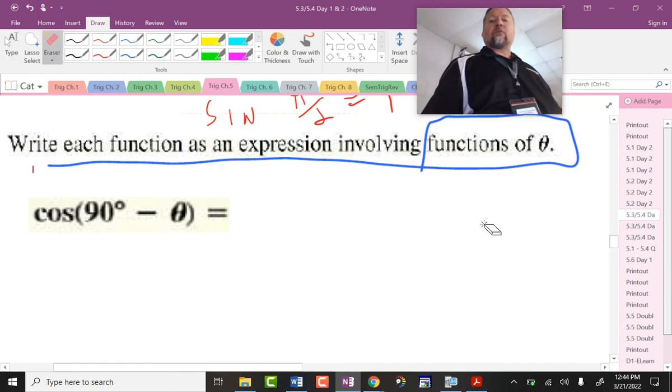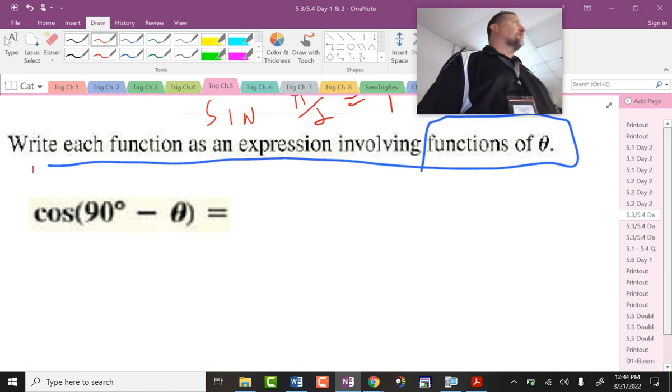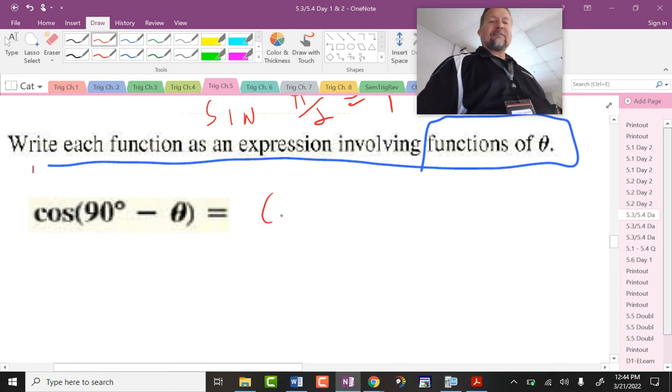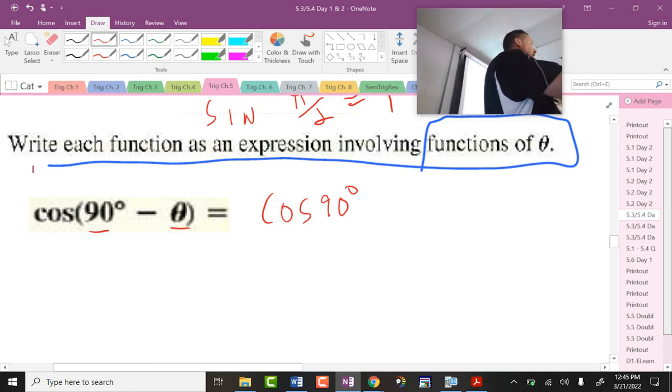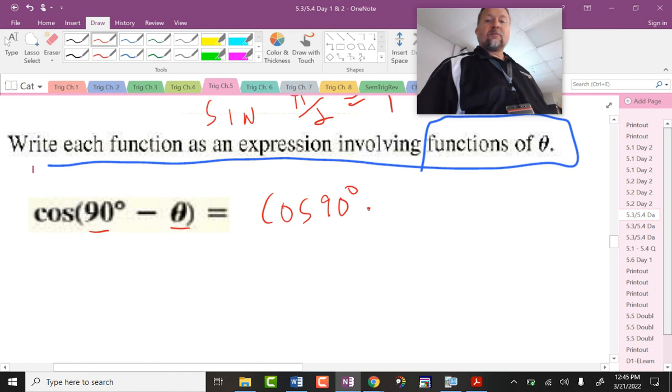What's the subtraction rule for cosine? Is it cosine sine or is it cosine cosine? How does it start? Some people screw up, thinking, wait, this is the minus rule, then these are the two angles in question. So what do I write next? Cosine of 90, then what do I write? That's theta.